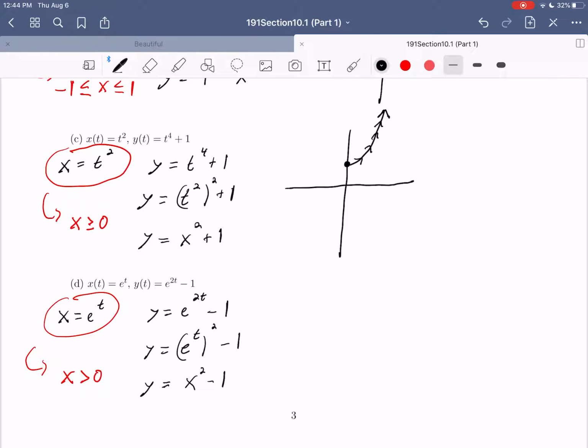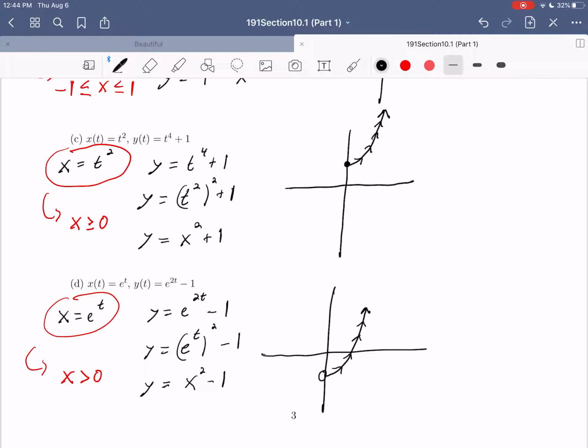So this time, it would look something like this, just shifted down 1 unit, so it's down here this time. So it's looking like that. But instead of putting a solid dot here, we would put an open dot because we would never actually hit x equals 0. Once again, as t gets larger and larger, x would get larger and larger, so we're tracing this out in this direction here.